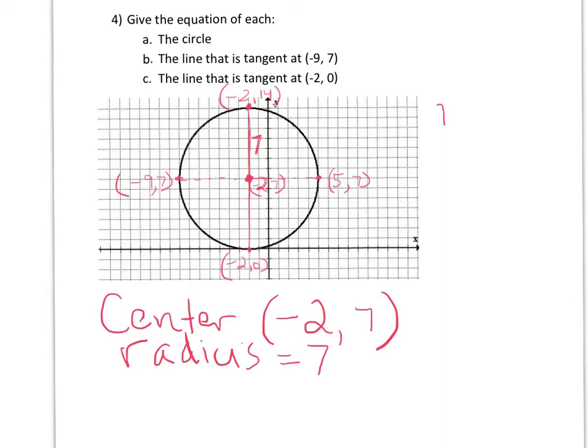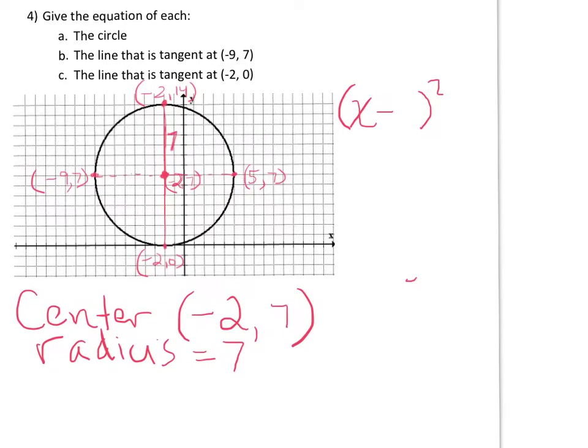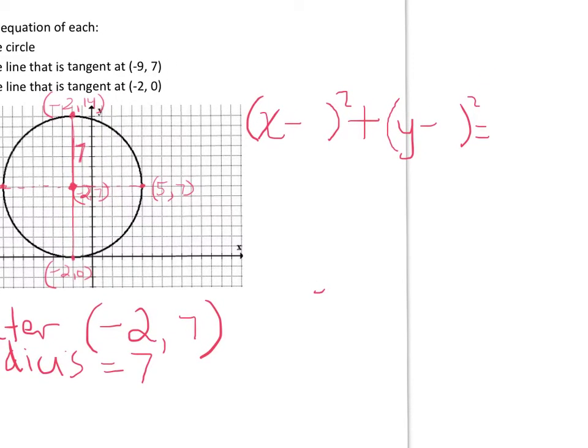Remember that the general equation is (x minus the input of the center) squared plus (y minus the output of the center) squared equals the radius squared.